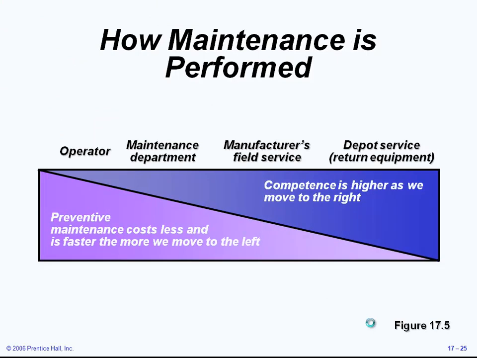This figure shows how maintenance is performed, where you can see the preventive maintenance costs less and is faster, moving to the left, while competence gets higher if we move to the right.